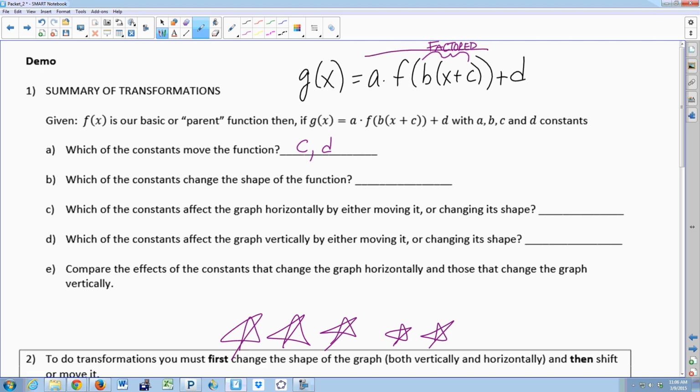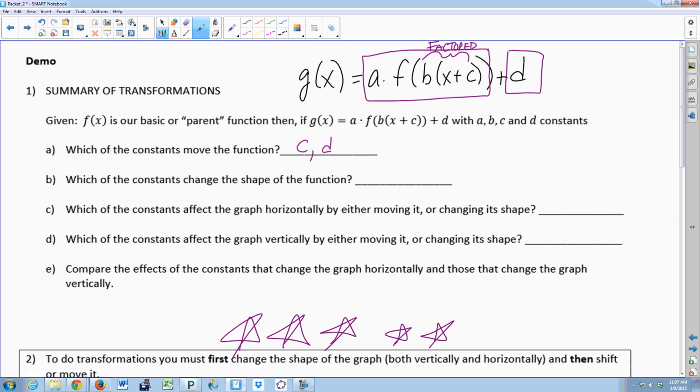If I put a box around here and a box around here, D is a term that's been added or subtracted, depending on whether D is a positive number or a negative, to the entire output. Here's your entire output right here, this first box. That's your Y value. And then you're either going to move it up or down.